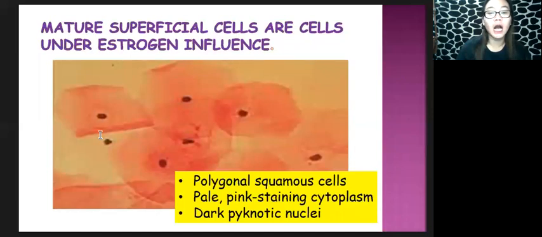Since they are acidophilic, they should have a pale pink staining cytoplasm, and you can see there their characteristic dark pyknotic nuclei. Okay, so under your estrogen influence, right?